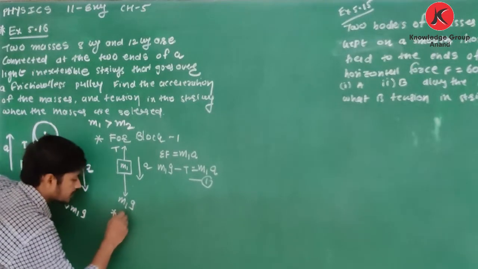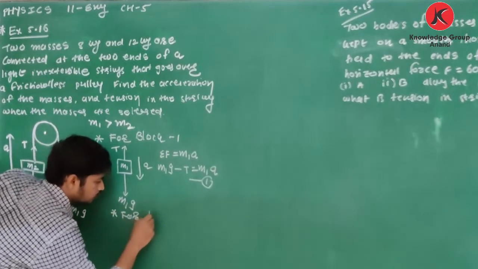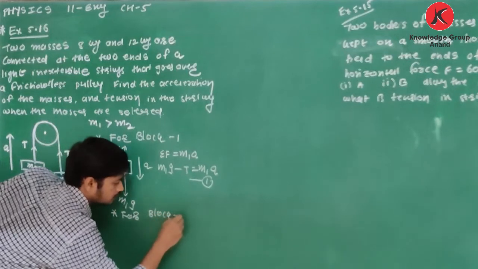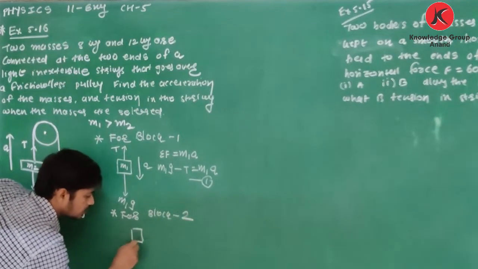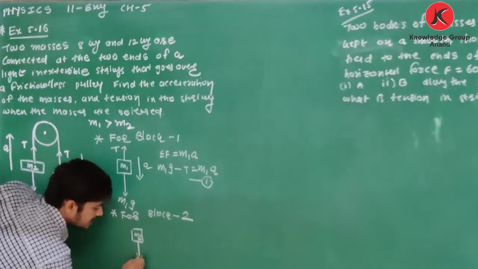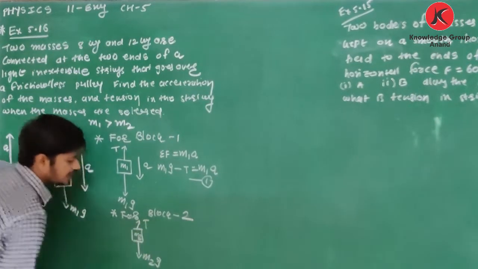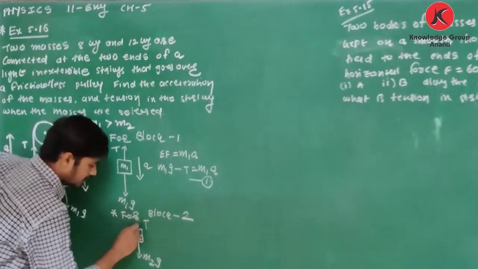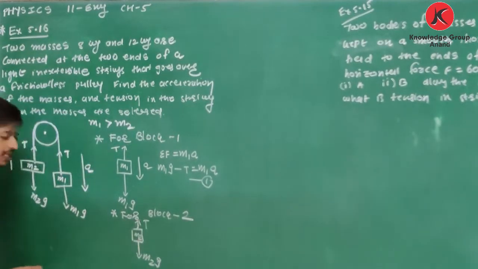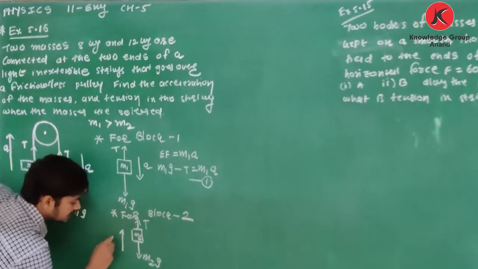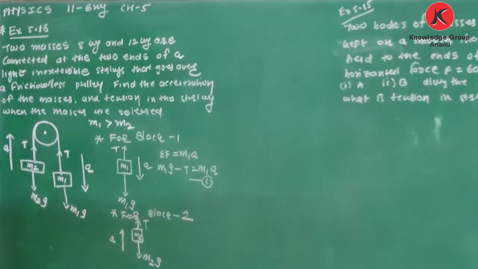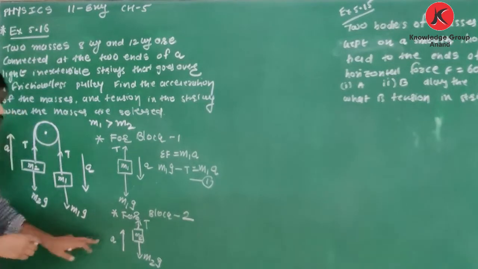Now, for block 2, M2G is acting in downward direction, T is acting in upward direction, and its acceleration A is in upward direction. Clear about this? So now how to write the equation for this?